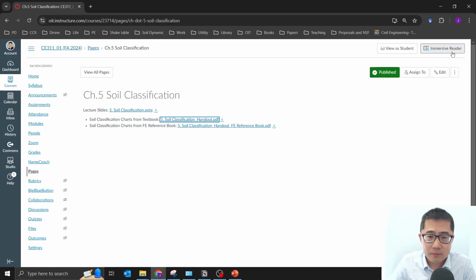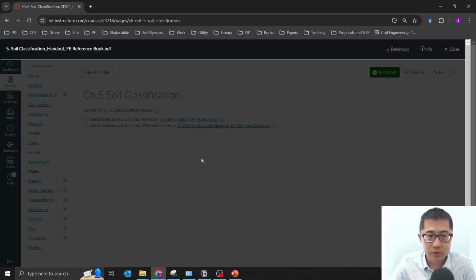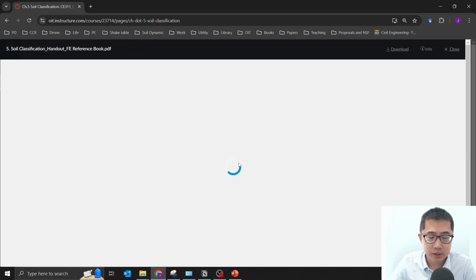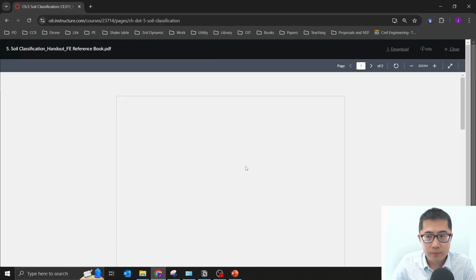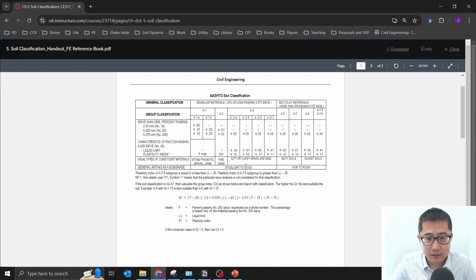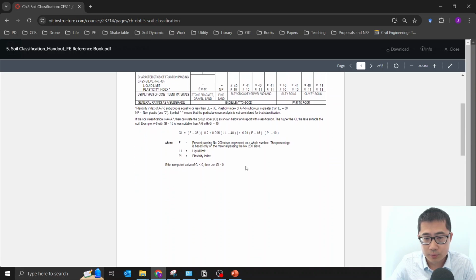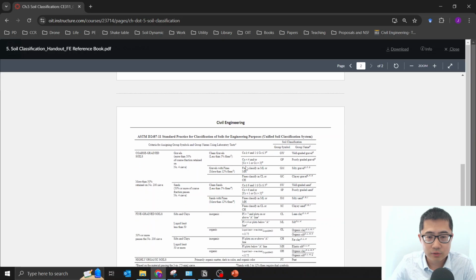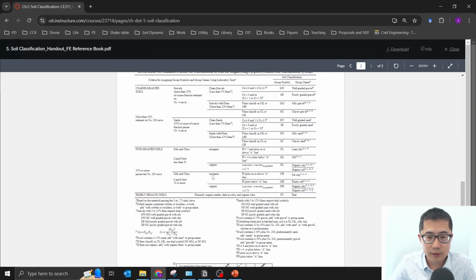Unfortunately, the chart in the FE reference book does not really look exactly like that. It's way more condensed or compressed. So I think you should be able to use both and really get used to this one over here.